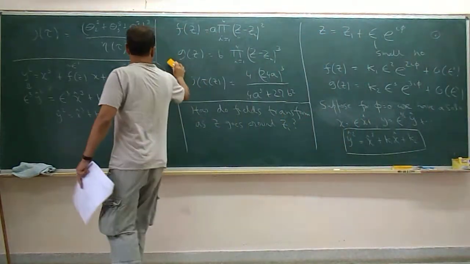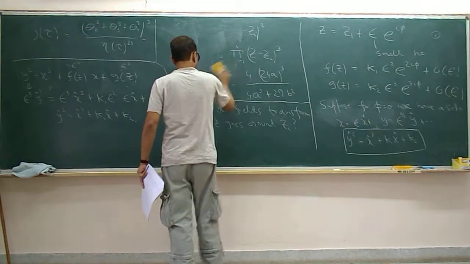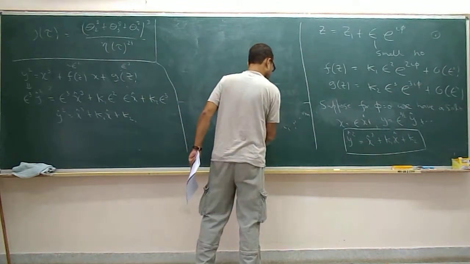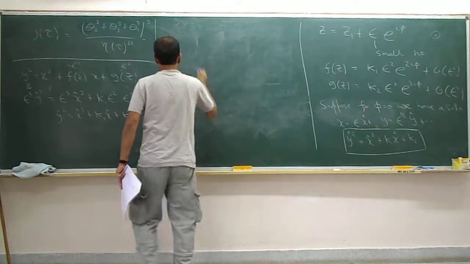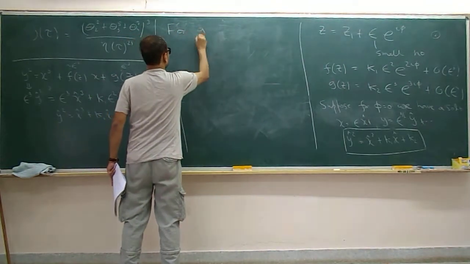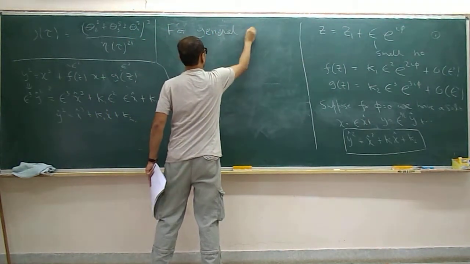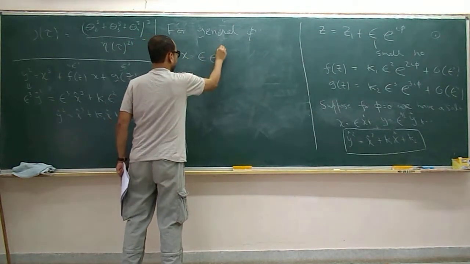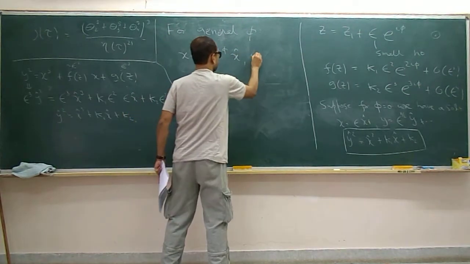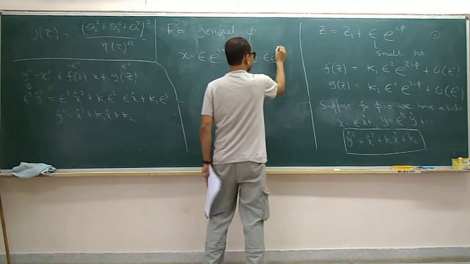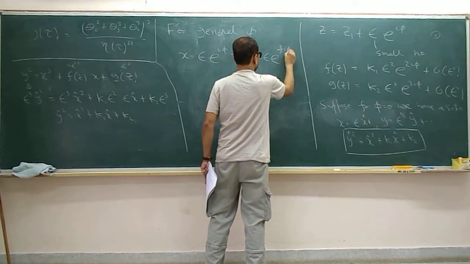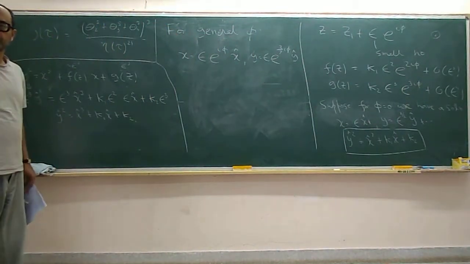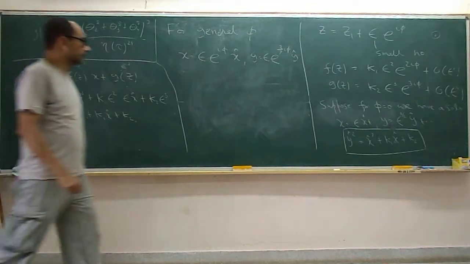But we can in fact do more. We can also solve the equation for general phi. So for general phi, the solution is x equal to epsilon e to the I phi x hat, y equal to epsilon to the 3/2 e to the 3/2 I phi times y hat.